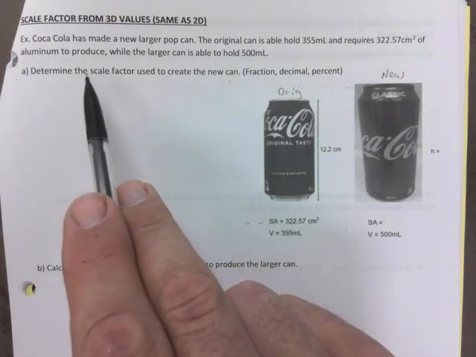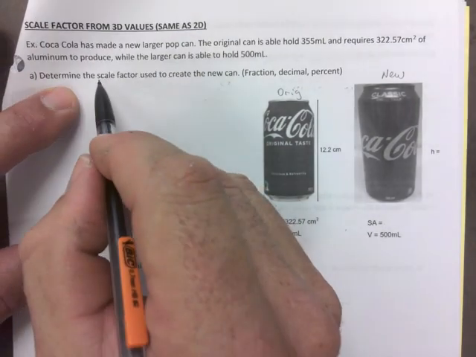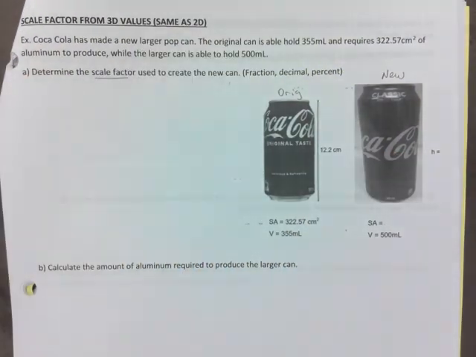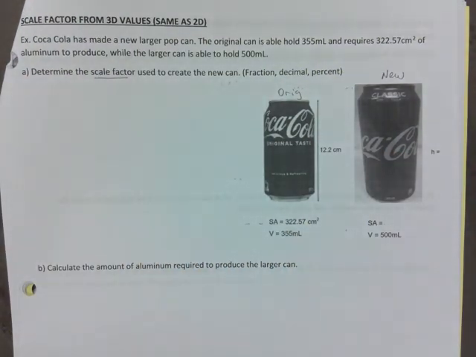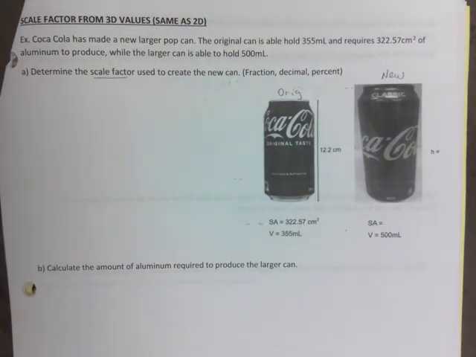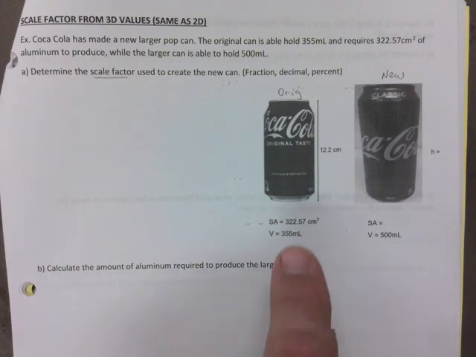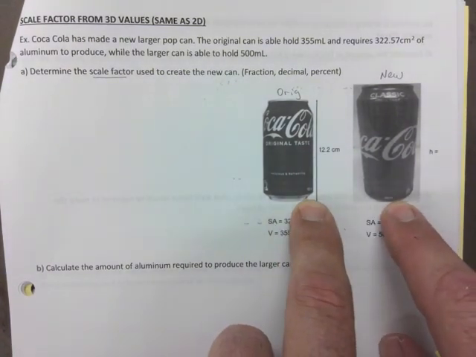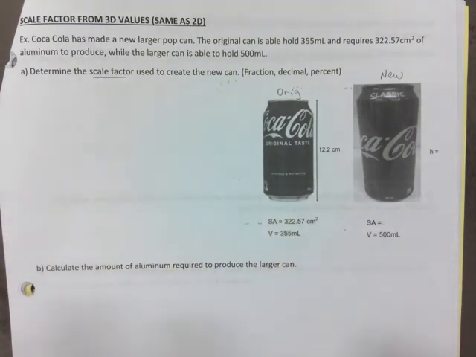It says here, determine the scale factor used to create the new can. And here, it's a little trickier because so far, we started off always just saying, hey, let's take both heights or radii, right? And then come up with a scale factor that way. In this case, what are the two things you know?